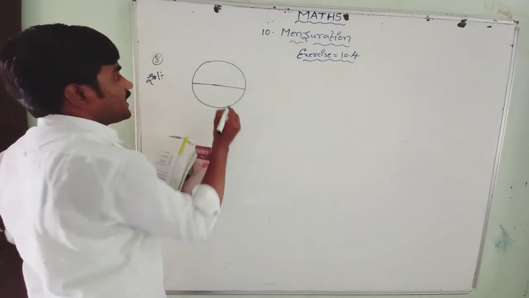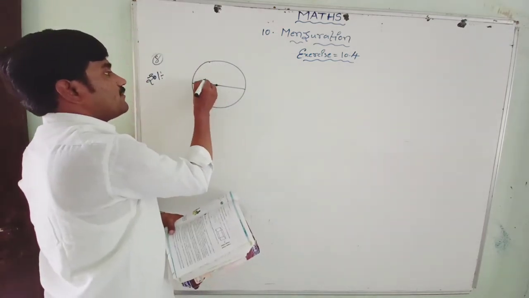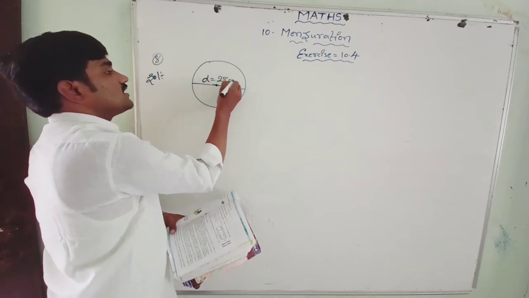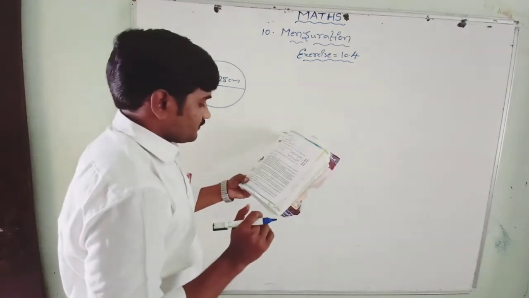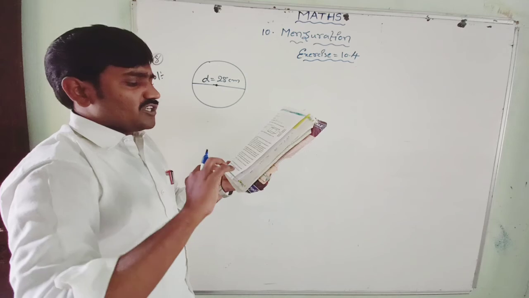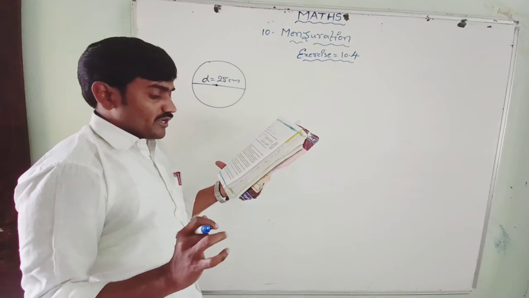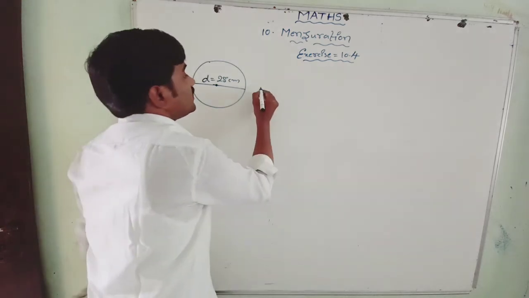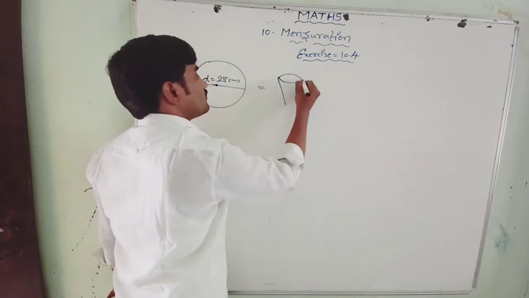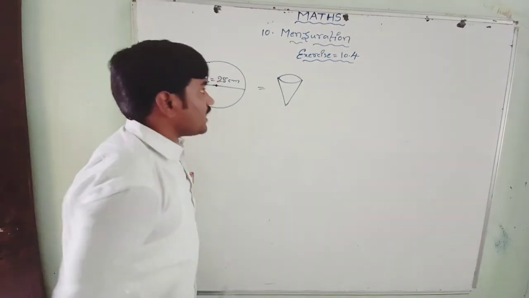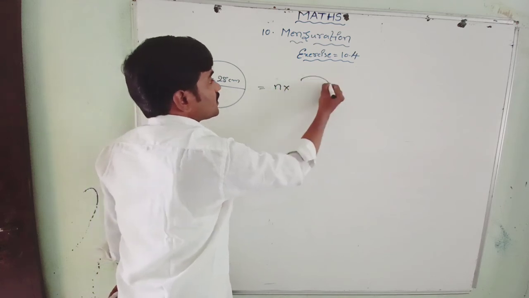The diameter D equal to 28 centimeters. This solid metallic sphere of diameter 28 centimeters is melted and recast into a number of smaller cones. What did he do after melting it? He made some cones. How many cones he made, we do not know; some smaller n number of cones.